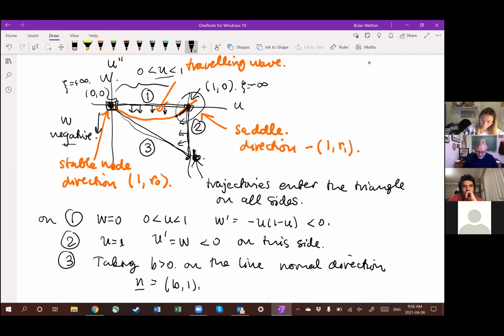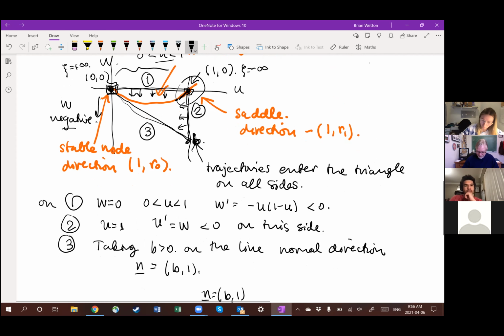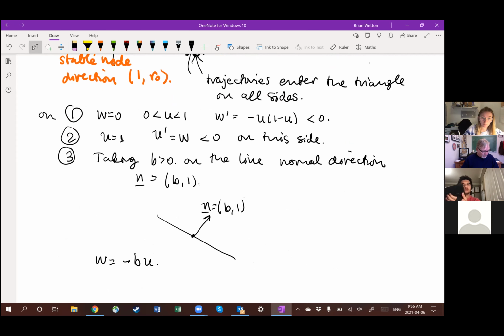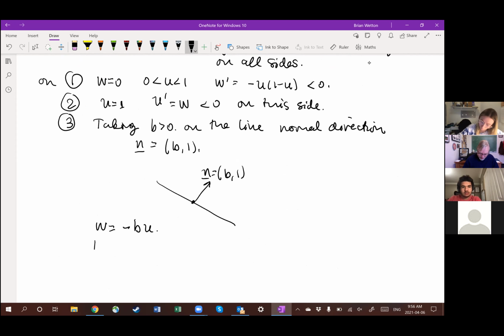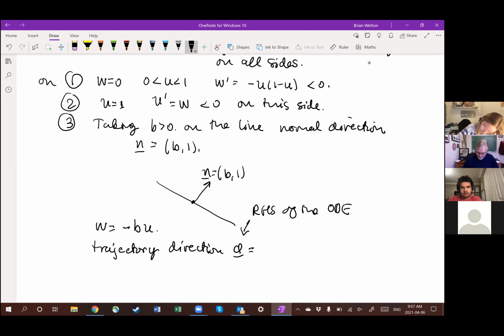W is minus B times U. So I want to look at the trajectory direction D. That's the right-hand side of the ODE. I want to look at that on this line with W is minus B times U.